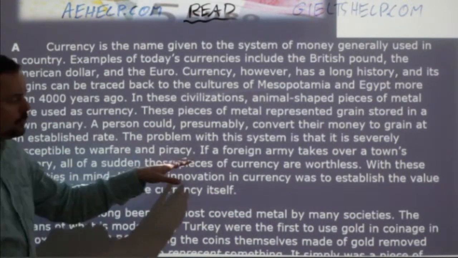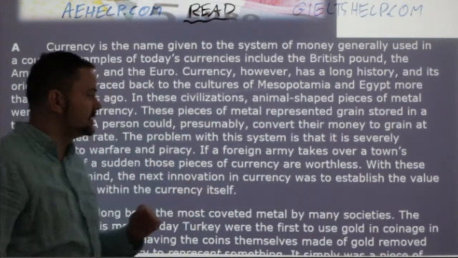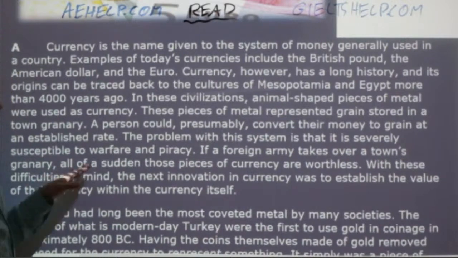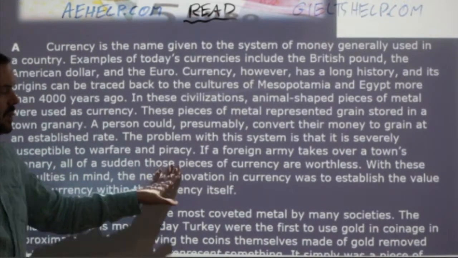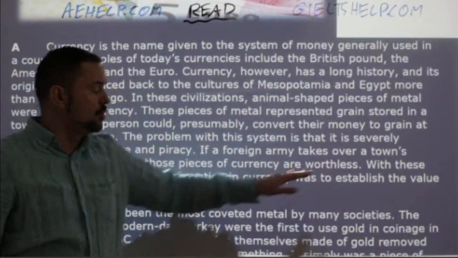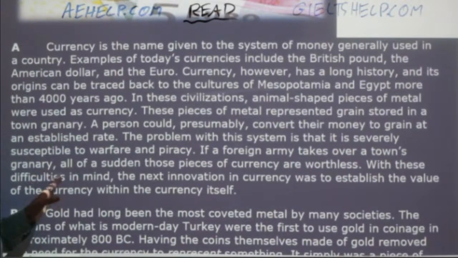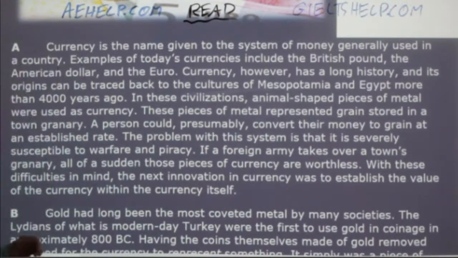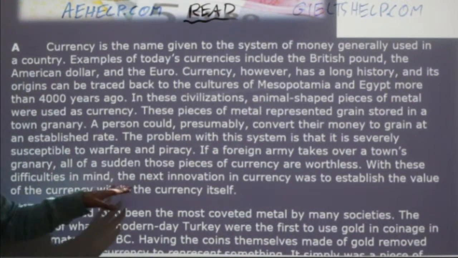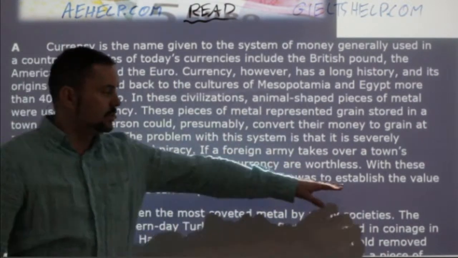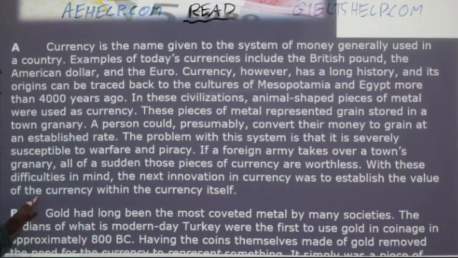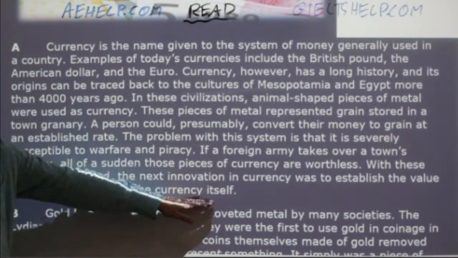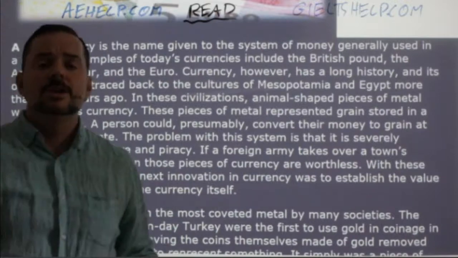The problem with this system is that it is severely susceptible to warfare and piracy. If a foreign army takes over a town's granary, all of a sudden those pieces of currency are worthless. With these difficulties in mind, the next innovation in currency was to establish the value of the currency within the currency itself. Okay, so students, great.